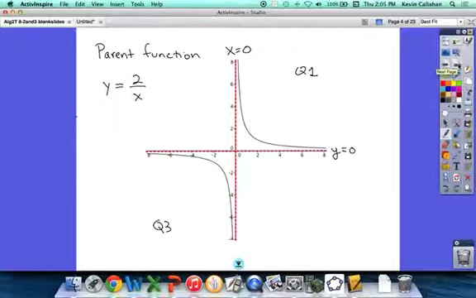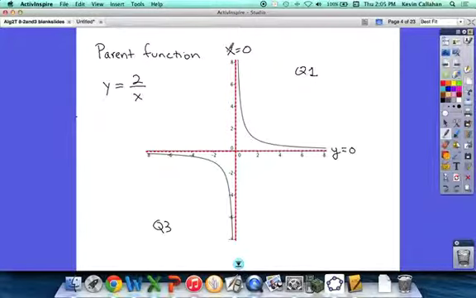Of the standard graph and then of an inverse. Now, there's going to be something that we learned about logarithms, and those are asymptotes. x does not equal 0. If x does not equal 0, that makes the y-axis an asymptote.